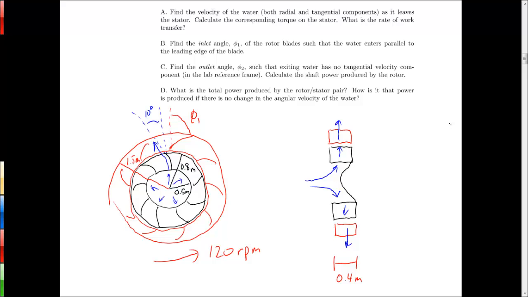In this one, we're going to look at the design of the rotor, and specifically, we're going to find the inlet and outlet angles of the rotor such that the water enters the rotor parallel to the leading edge of the blade, and in part C, at the outlet, the water will be exiting so that it has no tangential velocity in the lab reference frame, in the stationary reference frame. And then we're going to calculate the power produced by the rotor.